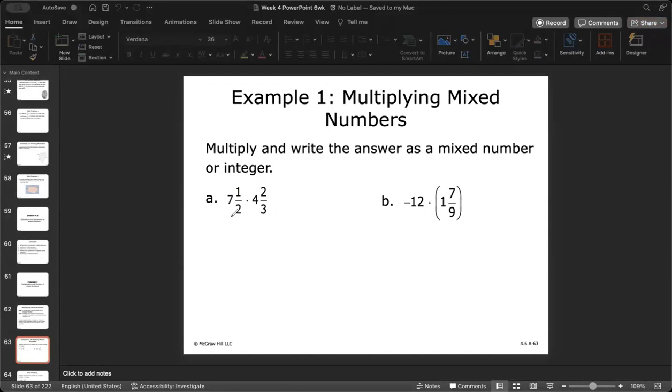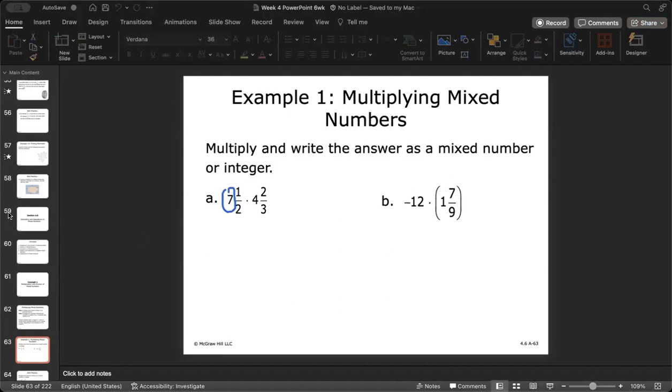So when you have something like this, my general recommendation when working with mixed numbers is don't work with a mixed number. Convert them to a fraction. And how do we do that? Well, the way that you convert a mixed fraction to a regular fraction is you take the denominator and you multiply it with the whole number.